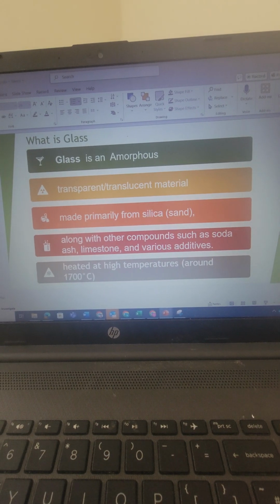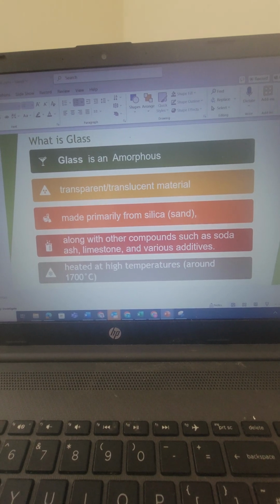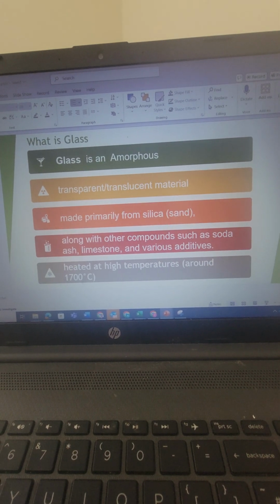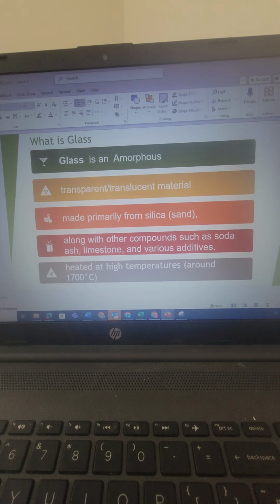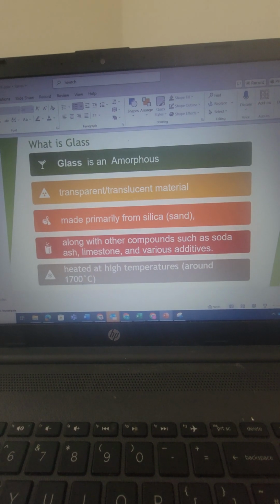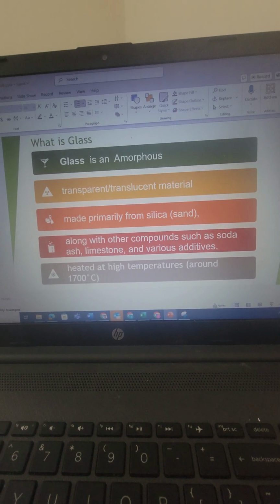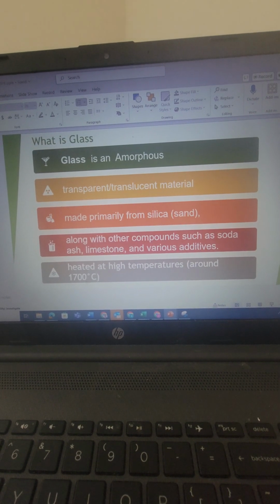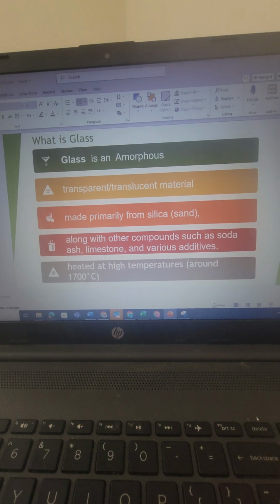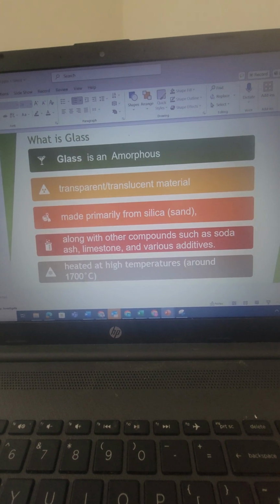Afterwards, this batch will be heated up to a high temperature because silica takes a lot of time to break the bonds, a lot of time to melt. So it's heated to a high temperature of almost about 1700 degrees Celsius. Of course, depending on your composition too.